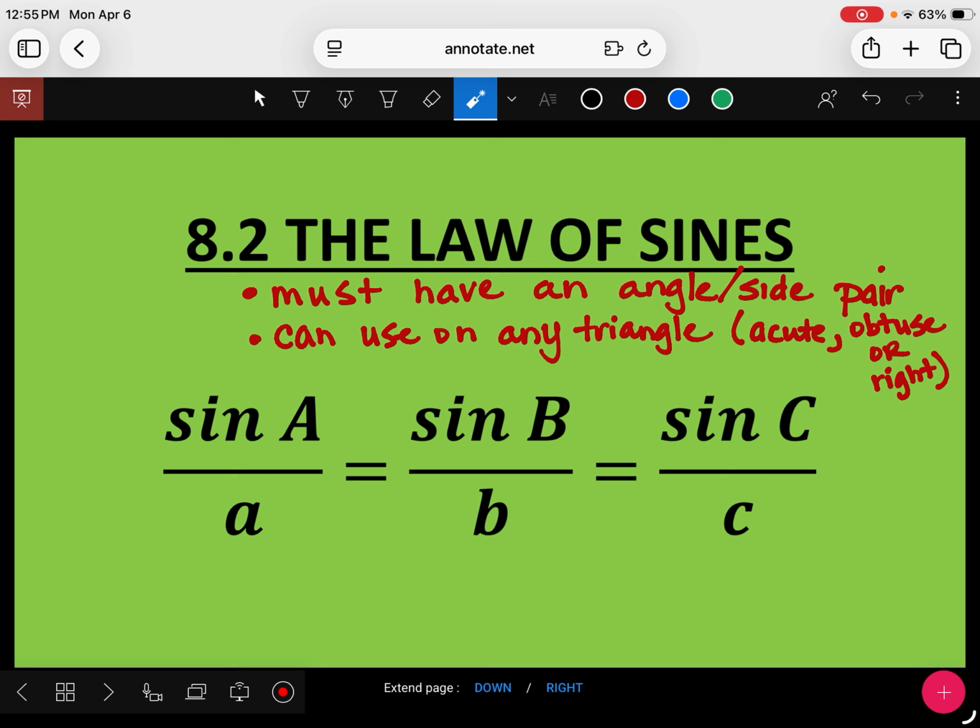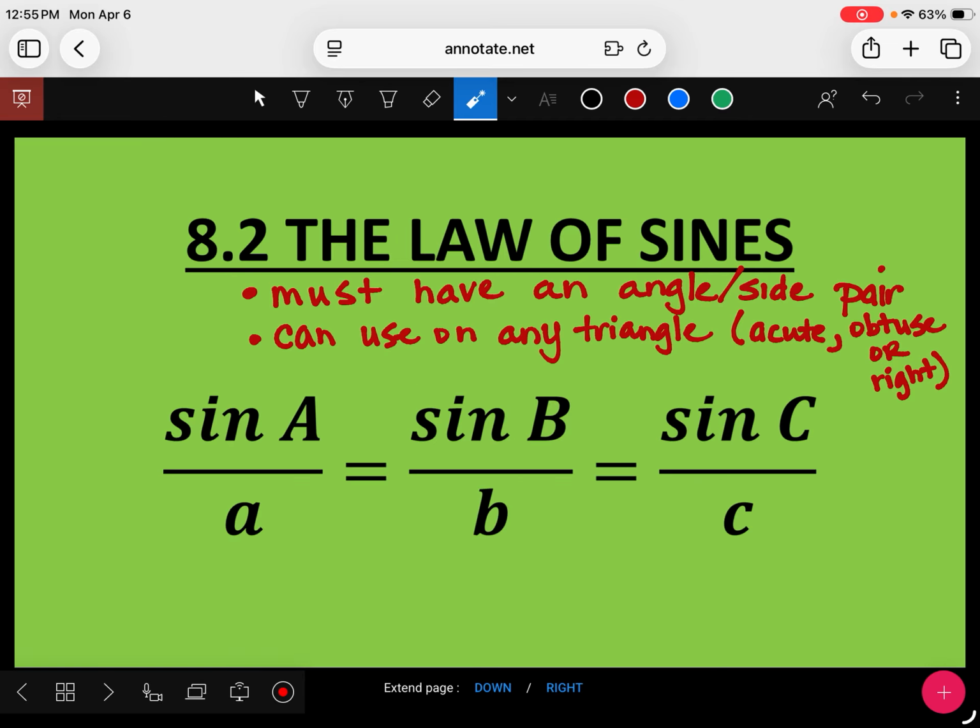It could be an acute, where all the angles are less than 90. It could be obtuse, where one angle is bigger than 90. Or it could also be a right triangle, but it's not limited to a right triangle. Now, I think this formula is a little confusing, but when you set it up, you're only going to have two fractions.